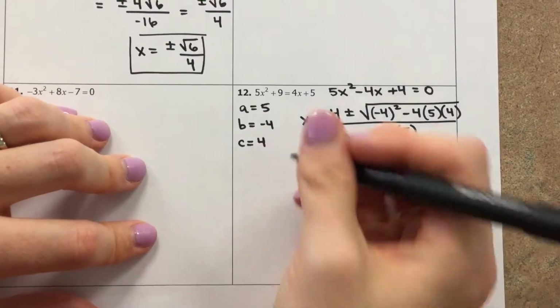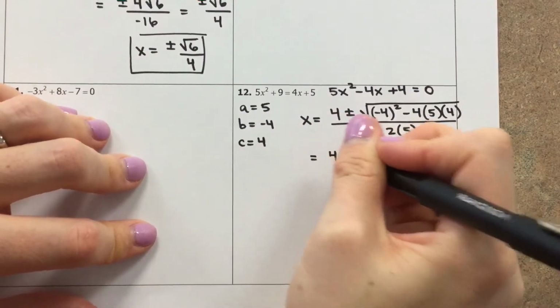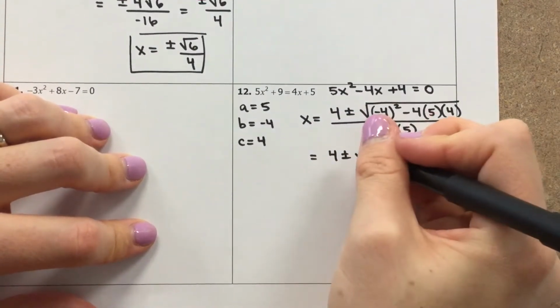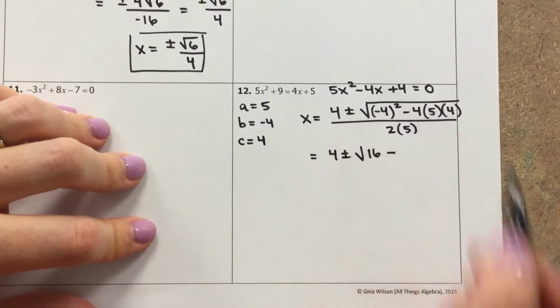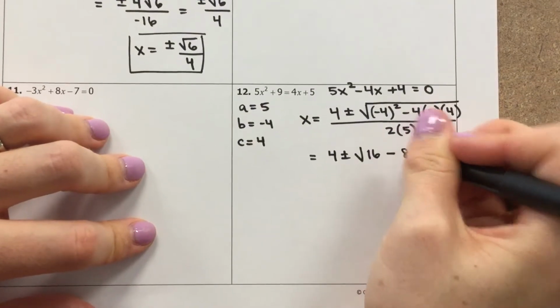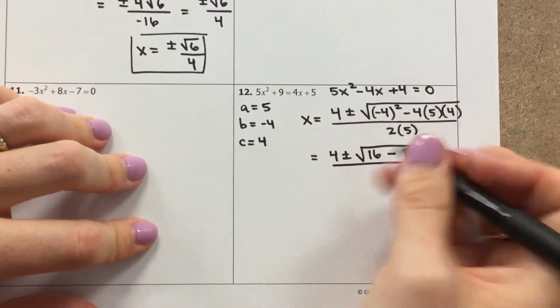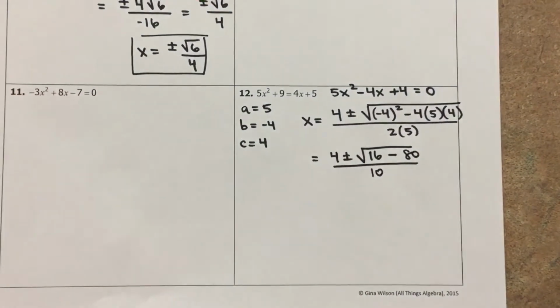So simplify this up. We have 4 plus or minus under the radical, negative 4 squared is 16, minus 4 times 5 is 20, times 4 again would be 80. All of that over 2 times 5, which is 10.